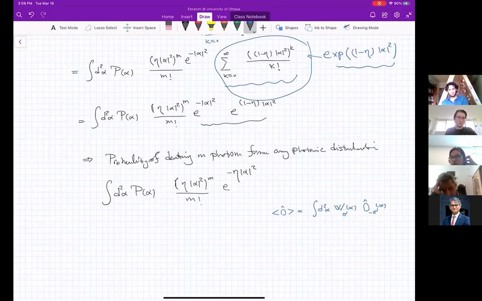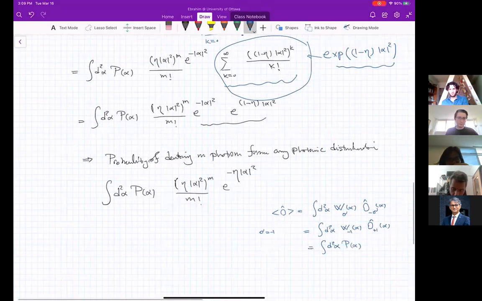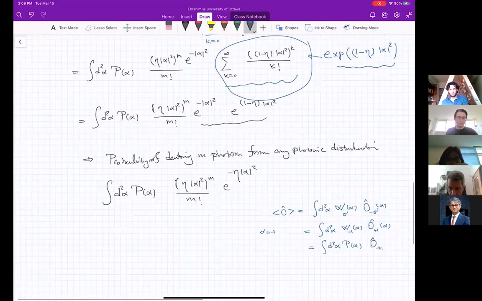For instance, if sigma is equal to -1, then that will be the integral of d2 alpha, W of -1 of alpha and O of +1 of alpha. We derive all of those equations and prove them essentially with the super operators. And that is identical to the integral of d2 alpha of P alpha, O of +1 of alpha. Can you tell me what is the meaning of this, if you remember?